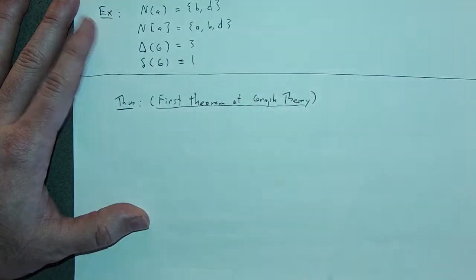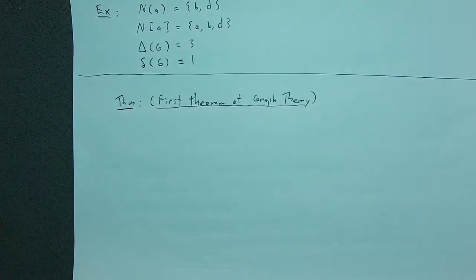The second we start writing out a degree sequence for a graph, instantly you are thinking in your head, and we're going to address these things eventually: if I have two unlabeled graphs in front of me and someone asks me, are these the same graph or are they related somehow? One thing that might help is knowing the degree sequence of both graphs, and then I could compare them and see, do they have the same number of vertices with the right degrees, or are there some that don't match?